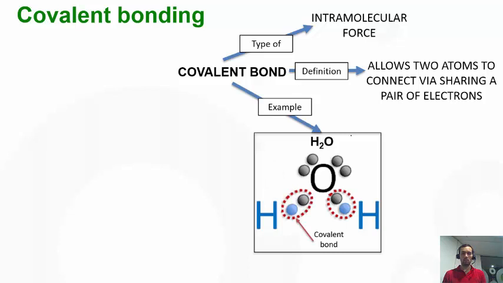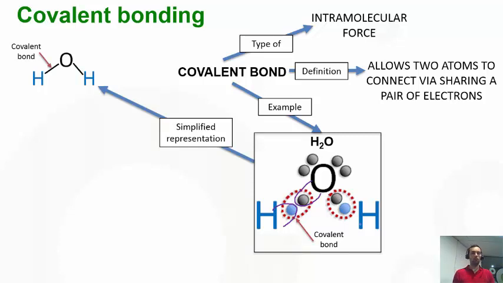So that's what we can see in this representation down here. The covalent bond between hydrogen and oxygen. The hydrogen is contributing one unpaired valence electron and the oxygen is contributing the other unpaired valence electron. Same on this side, which allows the formation of two covalent bonds, which you can show in this simplified representation where we have lines representing the covalent bonds between the oxygen and hydrogen atoms.